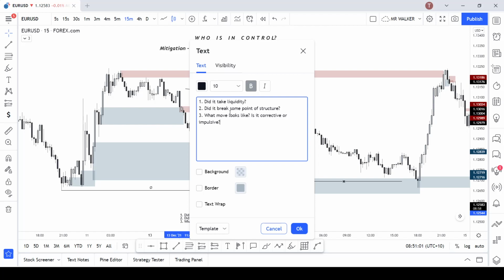So yeah, these are my three criteria. If all three are met, I'm more than happy to take it, if lower time frame confluences are in place too.